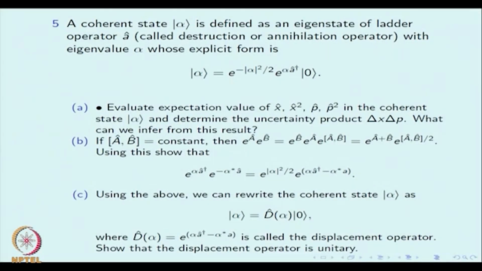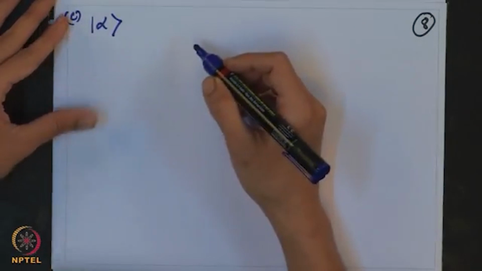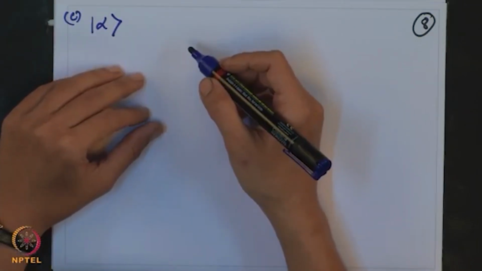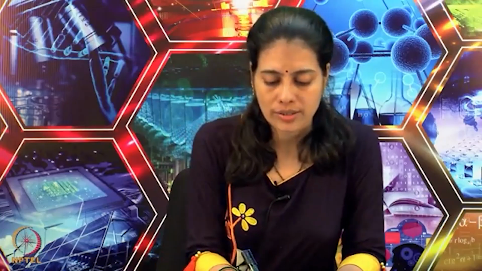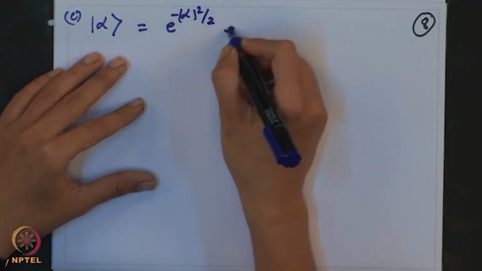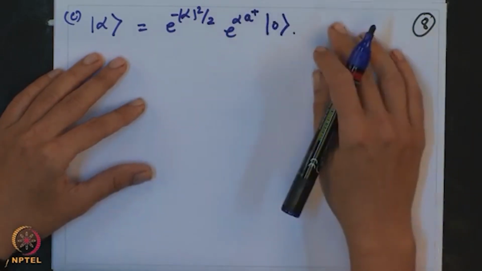So, now the C part is that we can rewrite the coherent state in terms of the displacement operator. Can we do that? Now, let us write the displacement operator in terms of the coherent state. So, the coherent state given to us is e raised to minus alpha square by 2 e raised to alpha A dagger. This is what is given to us.